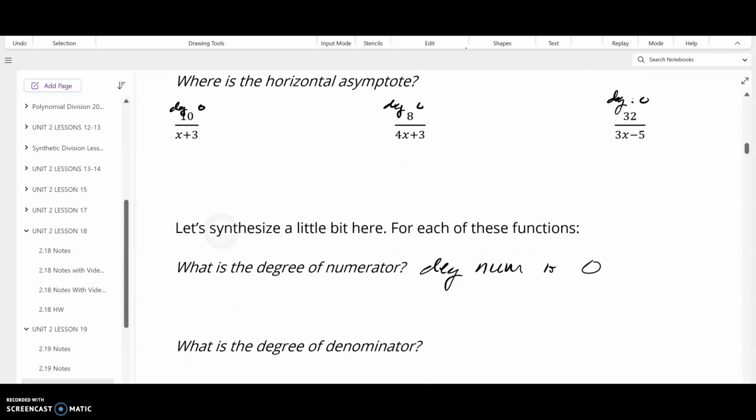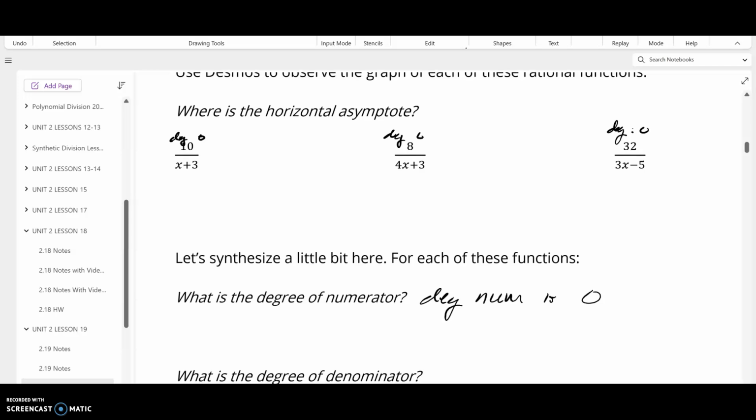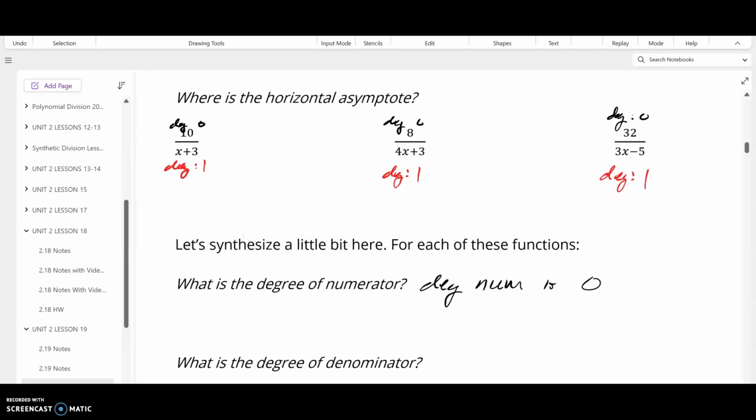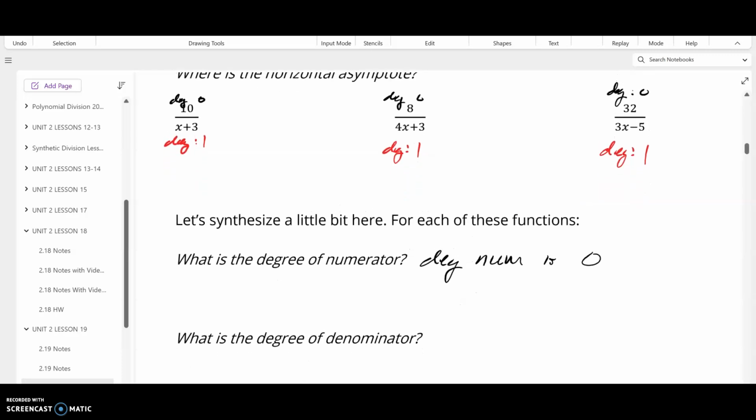We're asked, what is the degree of the denominator for each of these functions? So let's take a look at our functions. The degree in my denominator here is a 1, and here is a 1, and my degree here is also a 1. So the degree for each of these denominators is 1.